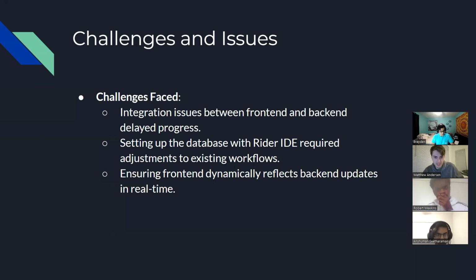And then setting up the database with Rider IDE, I know for me was a nightmare due to some unforeseen issues and strange errors, but it ended up taking us a little while to get done. And then ensuring the front end dynamically reflects the back end updates in real time. So that's when you add a user, update the database in the back end, that's reflected by a new user being displayed on the front end of the website. Next slide.